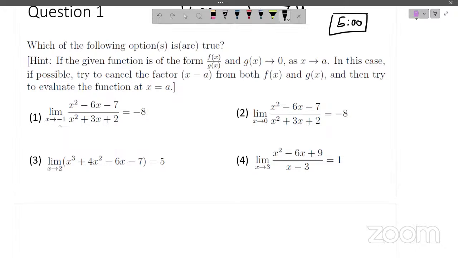Try to solve and then we will discuss it. If you get the answer, please write it in the chat box.